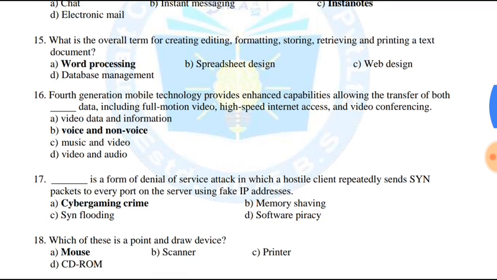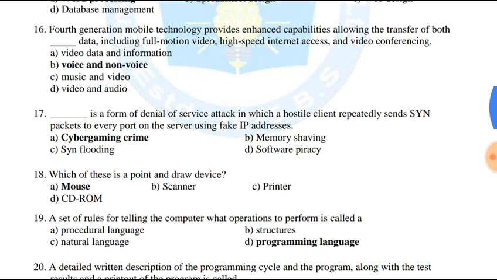The next one is, cyber gaming crime is a form of denial of service attack in which a hostile client repeatedly sends SYN packets to every port on the server using fake IP addresses. The next one is, which of these is a point and draw service? Mouse.